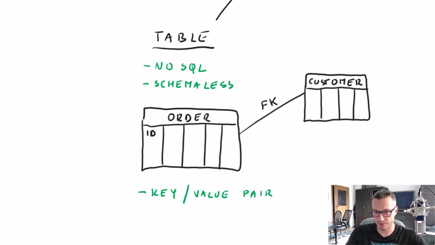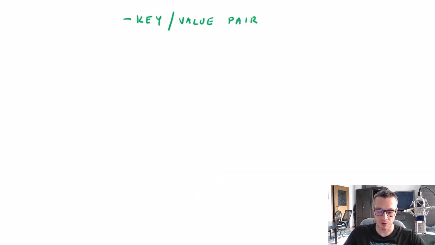So this is simply this. Table is a collection of key value pairs. So how does it work? Let's say that I would like to model, I don't know, employees maybe. So for each employee, I would define a set of properties, those key value pairs, that I would like to have.